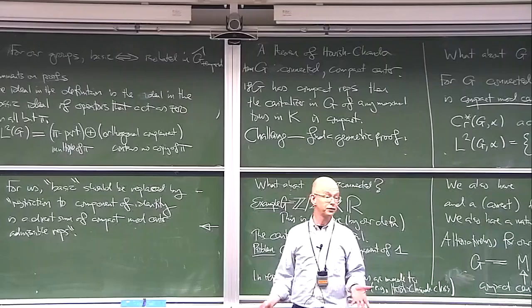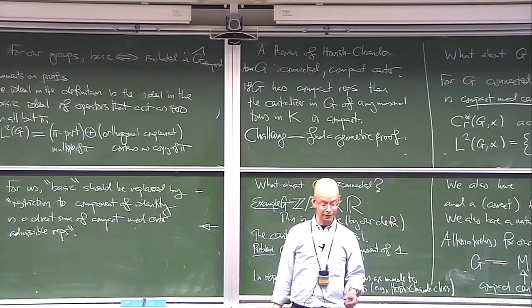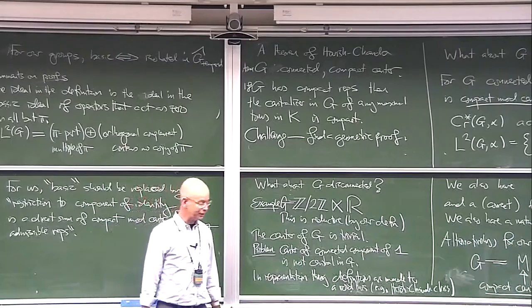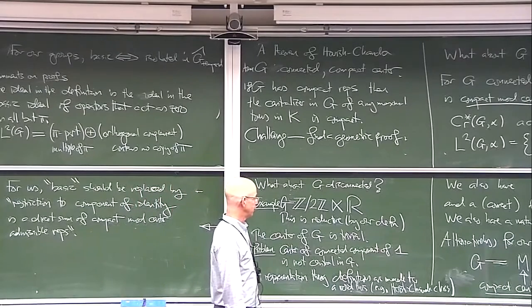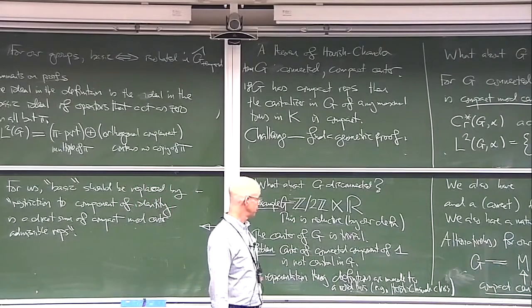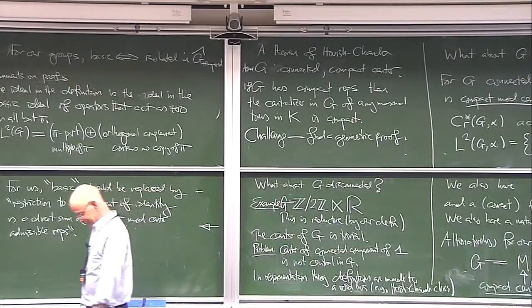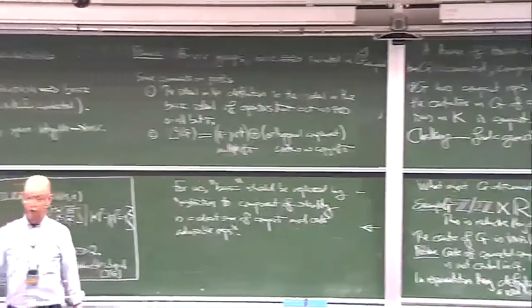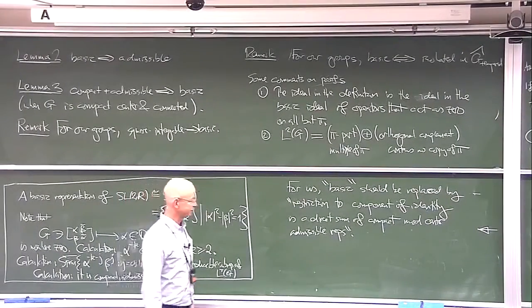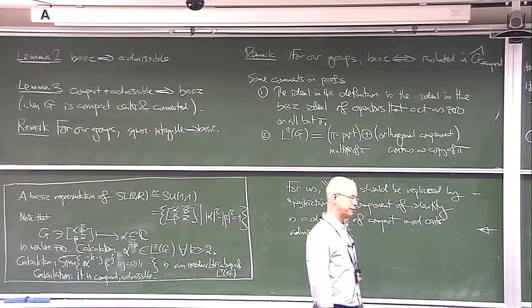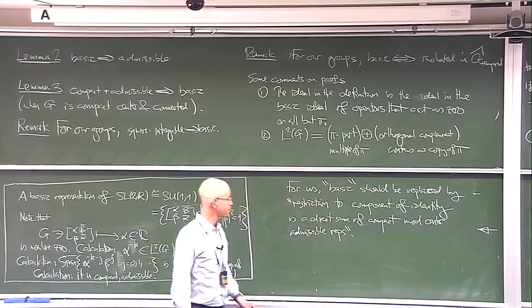So all of the ones that you know, as long as they have an S in front of them, like SO(p,q) and so on, are examples of groups in Harish-Chandra's class. Even though it's not a connected group, it still belongs to Harish-Chandra's class. Be careful there.